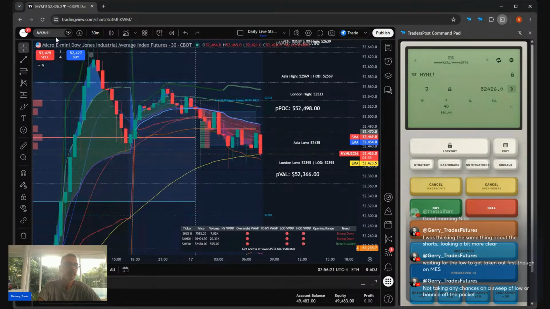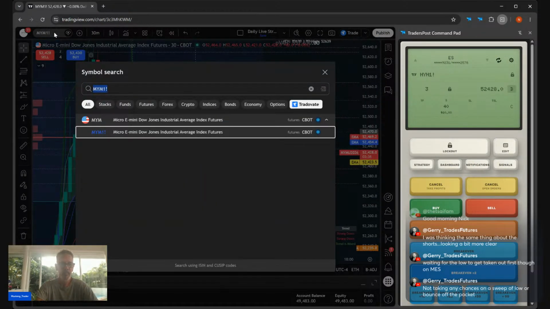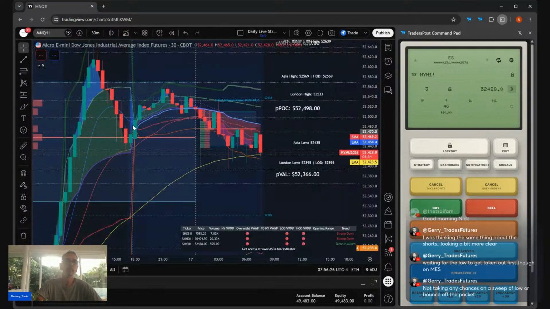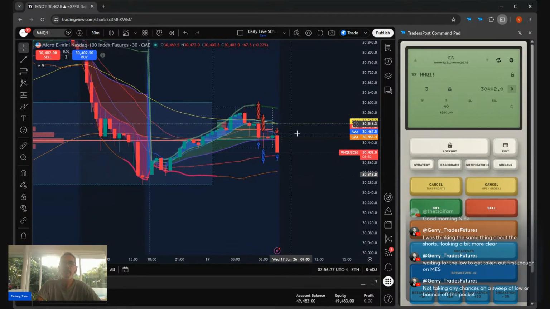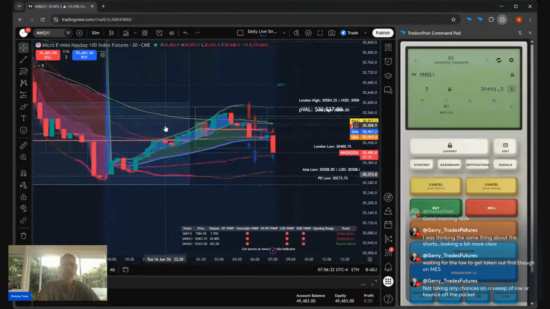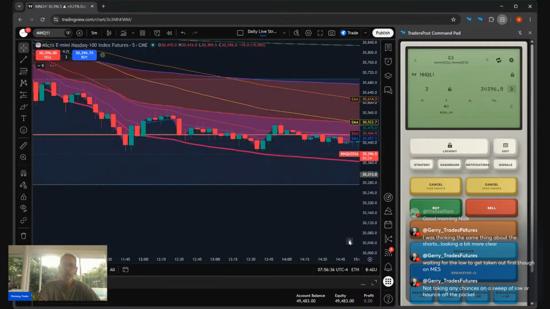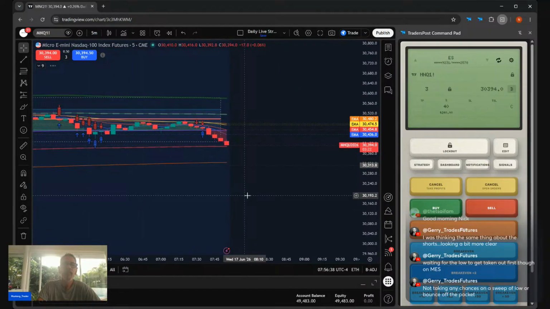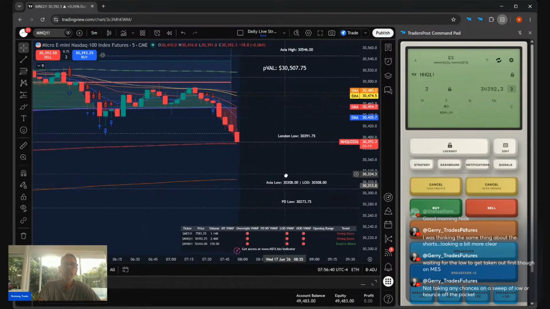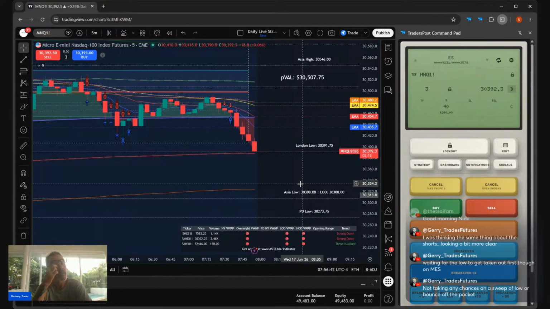Yeah, this is nothing special to look at. NQ is coming down towards that first deviation band. Looking like a pretty strong downtrend for NQ and MES right now.